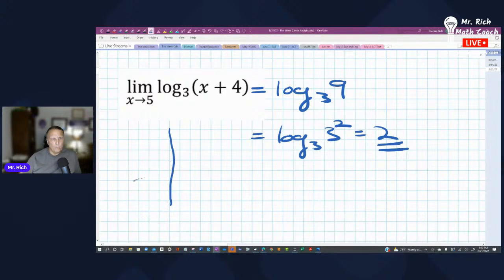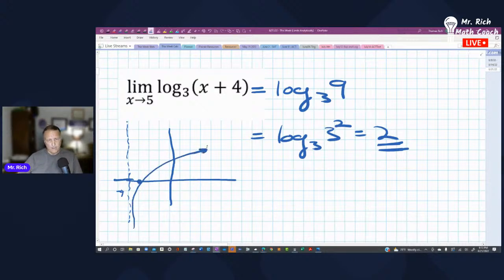This is a logarithm function that's shifted left by 4, so it's coming over here with a vertical asymptote at x equals -4 because of a horizontal shift. It's going to look something like this.